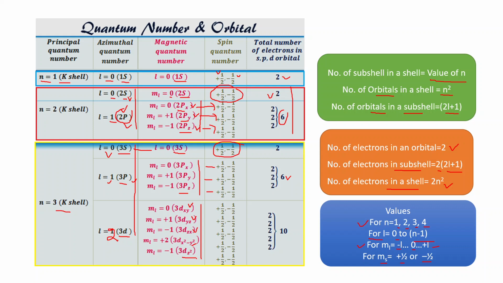These are the 5 d orbitals, and each orbital has 2 electrons with opposite spin, plus half and minus half. In this way the total number of electrons in the 3d subshell is 10, and if you add 2 plus 6 plus 10, we can say that 18 electrons are present in the third shell. Is it clear? In the same way you can find out for n equal to 4.